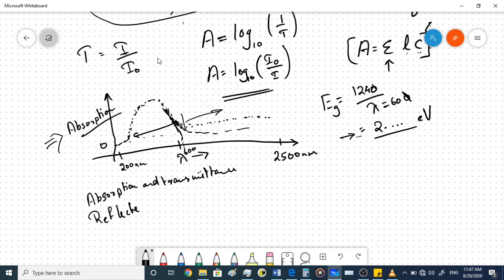So reflection is another phenomenon which has to be considered. Modern spectrophotometers also have a provision for finding the reflection or the reflectance, and then they subtract that value from the absorption. That is the advantage of some of the modern spectrophotometers that come in the market. They can find the reflected amount of light and subtract it from the absorption, which gives you a precise absorption of the material.